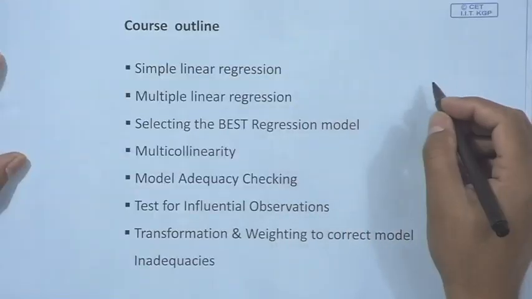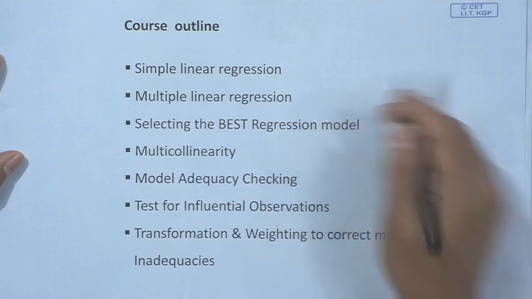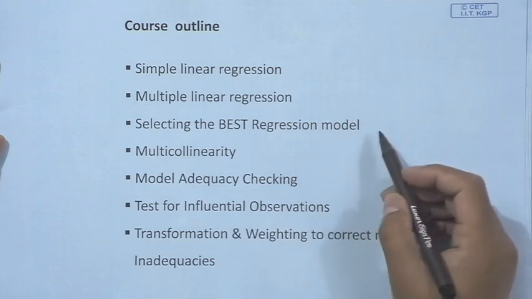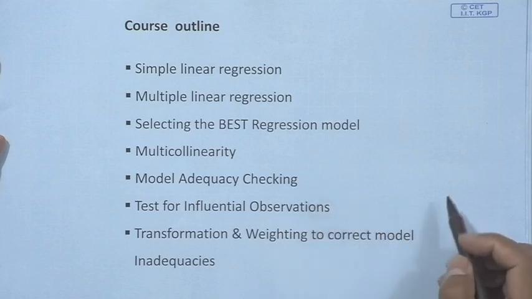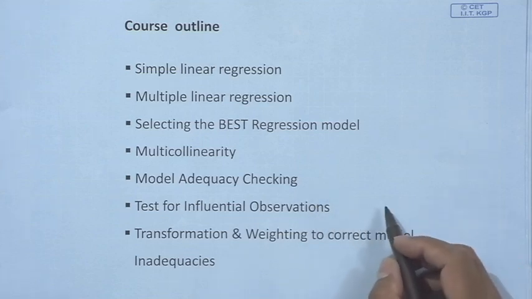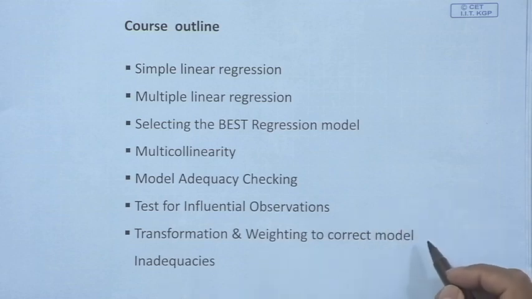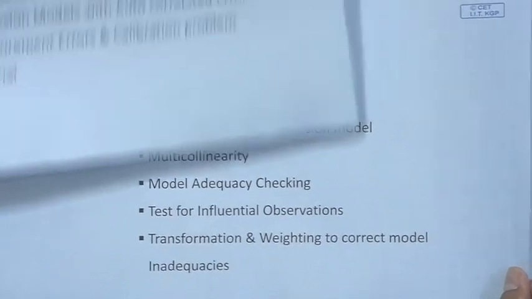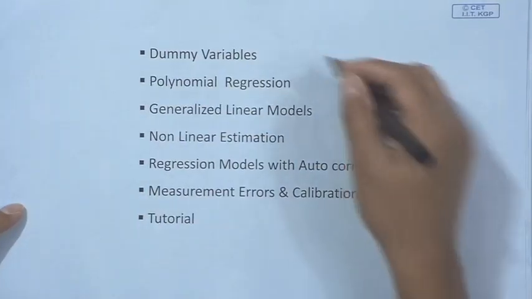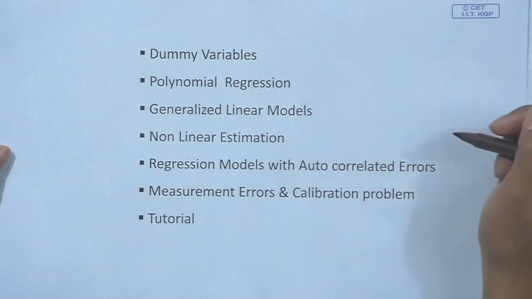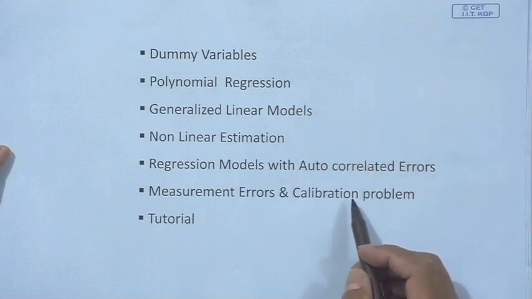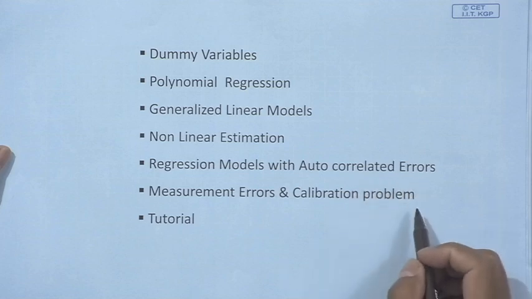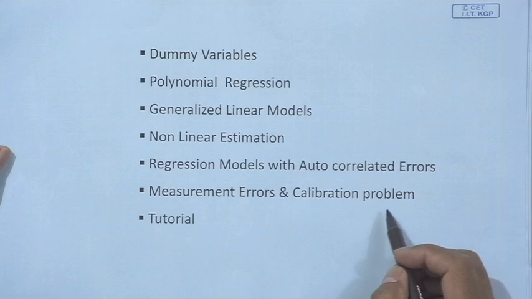Here are the topics: simple linear regression, multiple linear regression, selecting the best regression model, multi-collinearity, model adequacy checking, test for influential observations, and then transformation and weighting to correct model inadequacies, dummy variables, polynomial regression, generalized linear models, nonlinear estimation, and regression models with autocorrelated errors, measurement errors, and calibration problem.